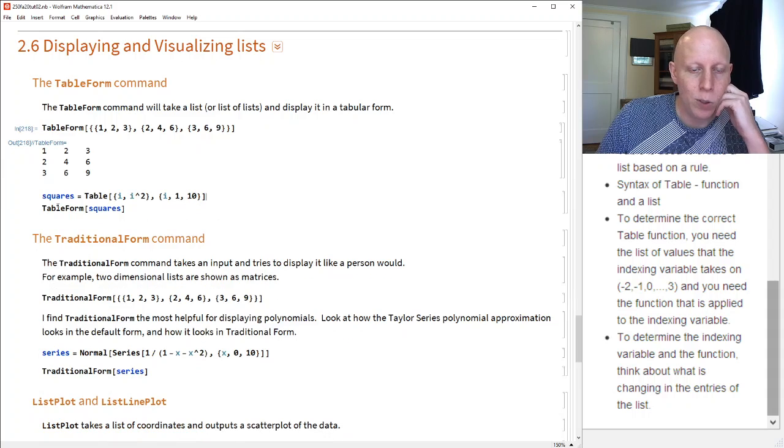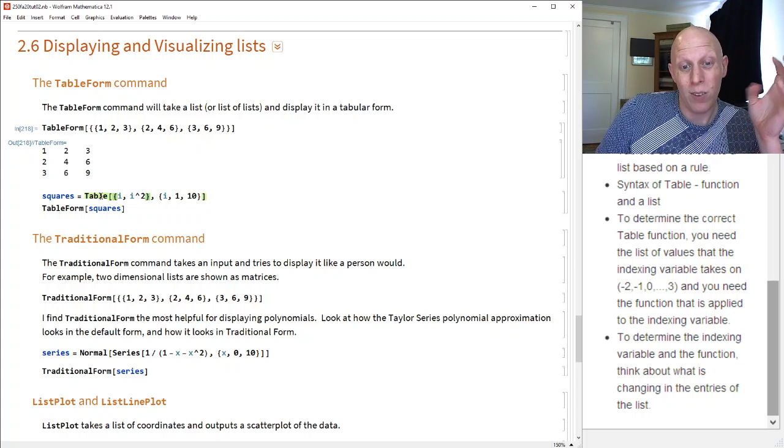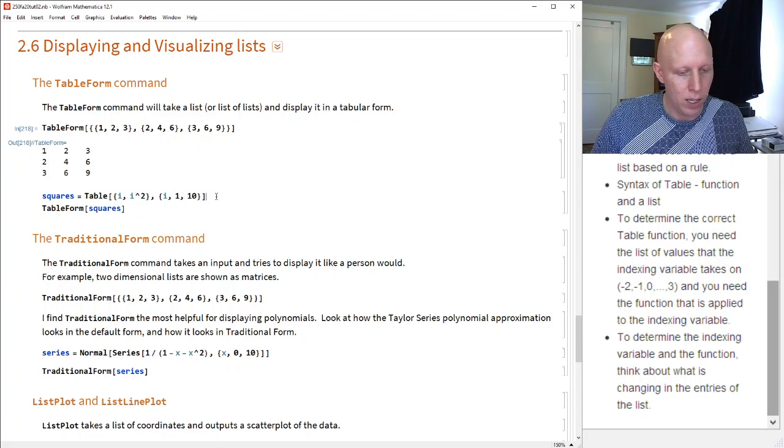Here's another example. I'm going to define a variable called squares, and it's going to be a table of things that look like I, I squared. So we're going to create a list of lists, each of them looking like I and I squared.